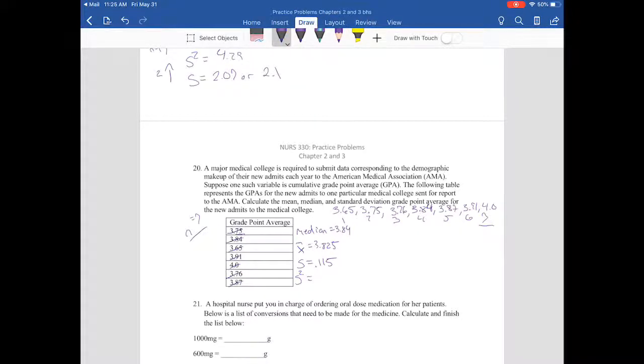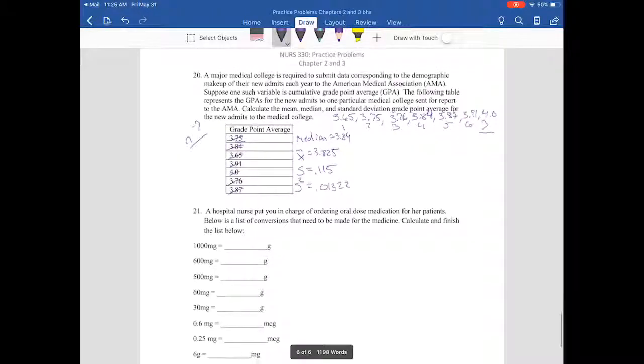Remember, you can take your standard deviation and square it, and you should be able to get your variance. That's 0.01322. Somewhere around there is where your variance should be. All right, so that's your mean, median, standard deviation for these grade point averages done.